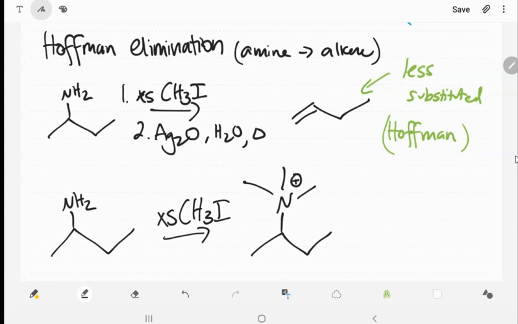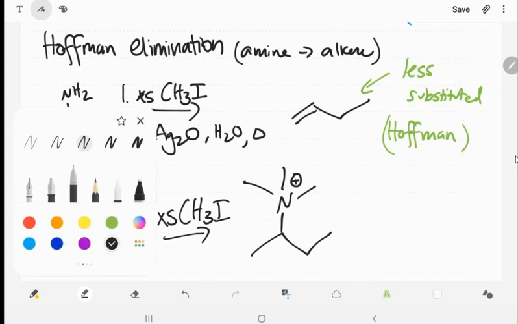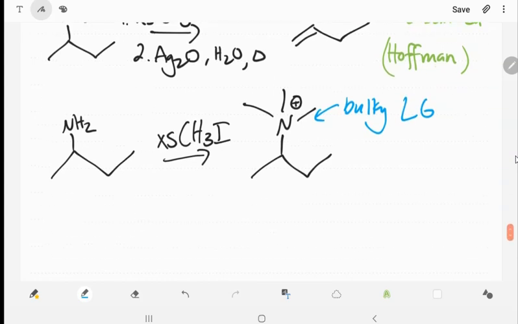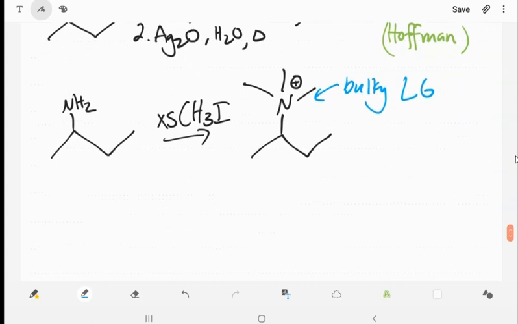And so we just need to think about how this is going to work. I have to do some Newman projections, which is the fun part always, right? We now have this bulky old leaving group, right? Suffice it to say, if we eliminate the others, I'll just do it.